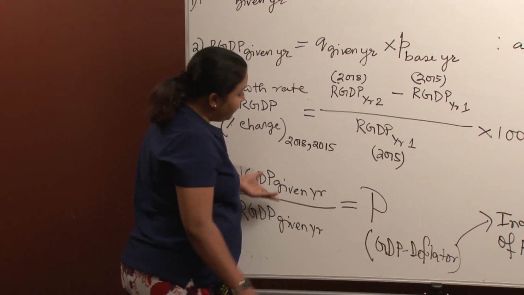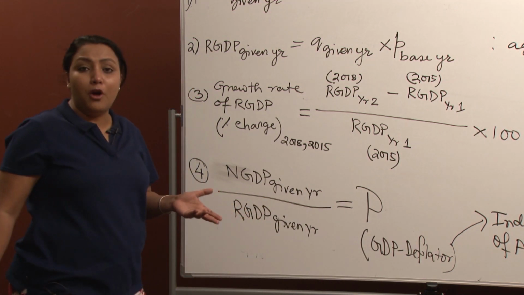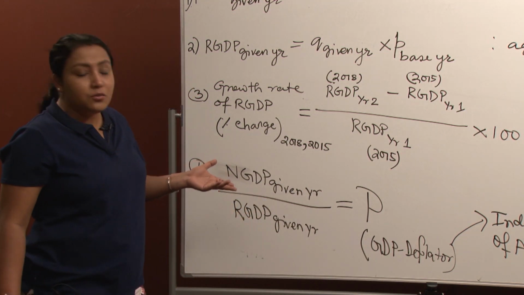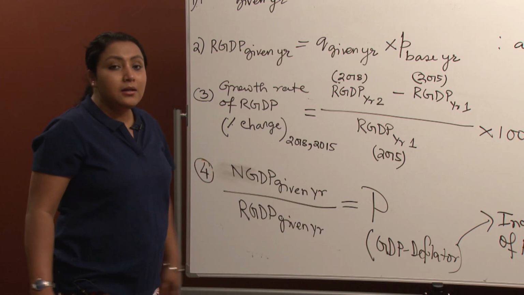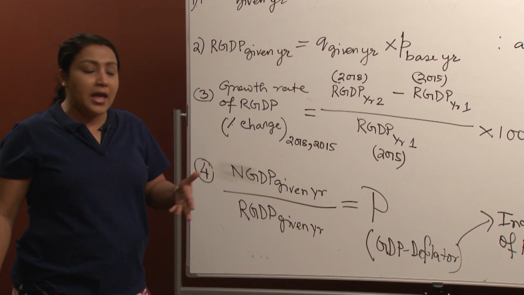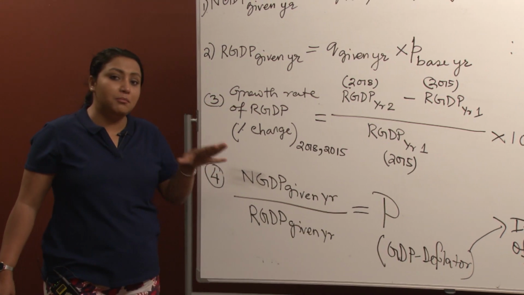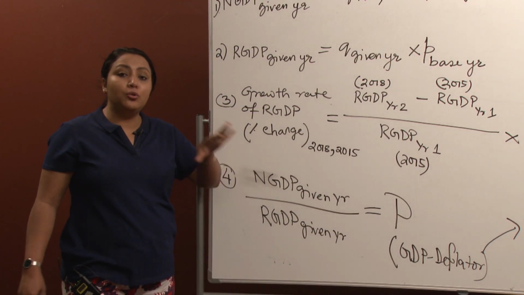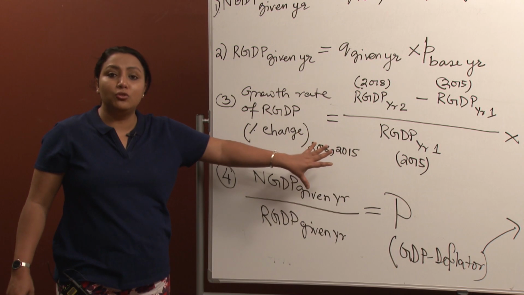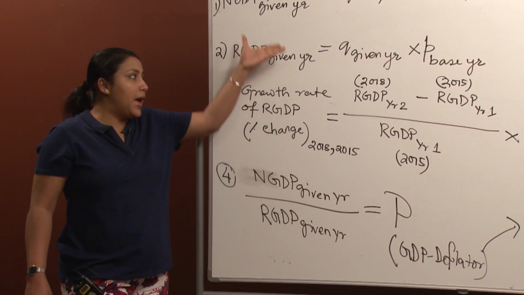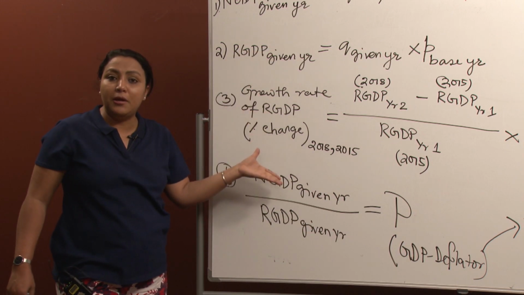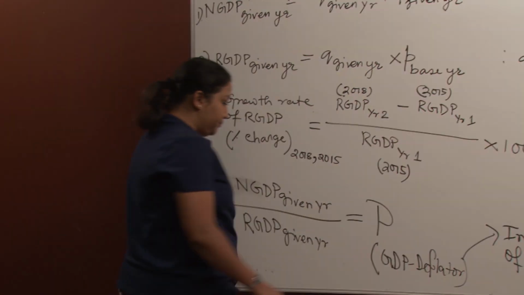Now, I am going to take some numerical problems on these when I go on to the problem solving, when you get the problem solving video. But before I end class today, I just want to work with some simple numbers and make sure you understand what we are trying to do here. So, next we are going to talk about a numerical problem and then work out these formulae based on that numerical problem.